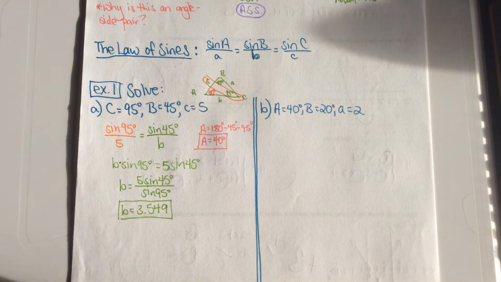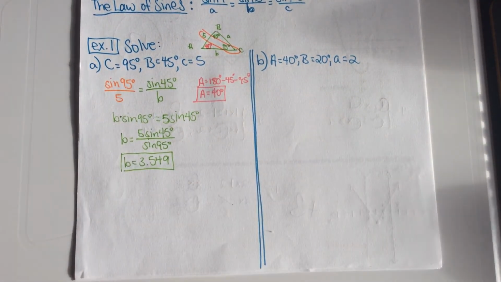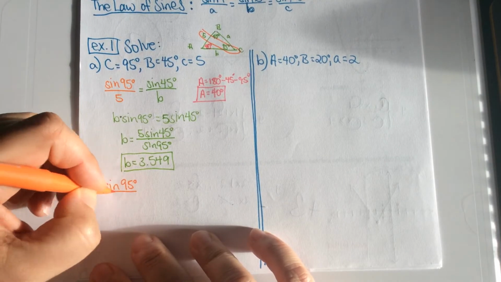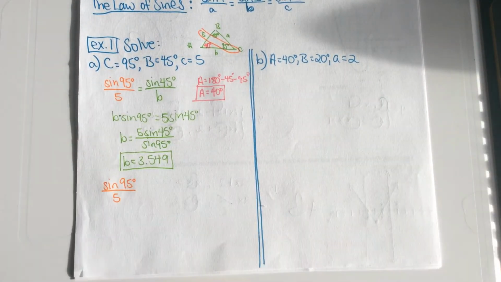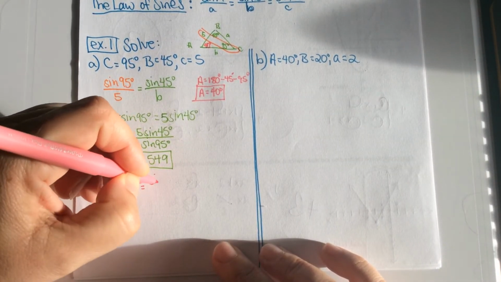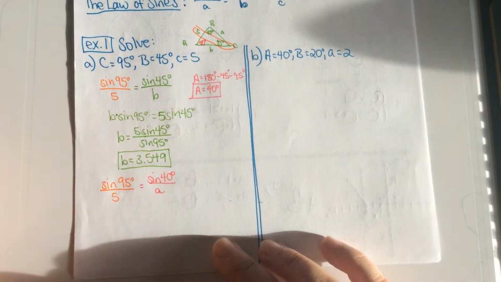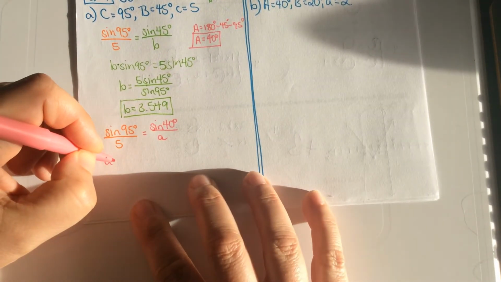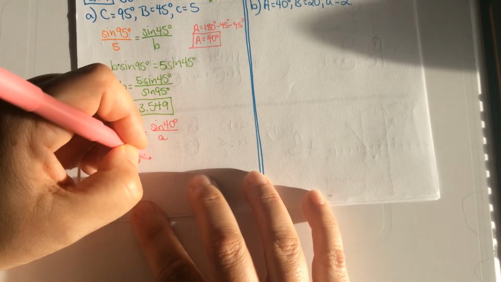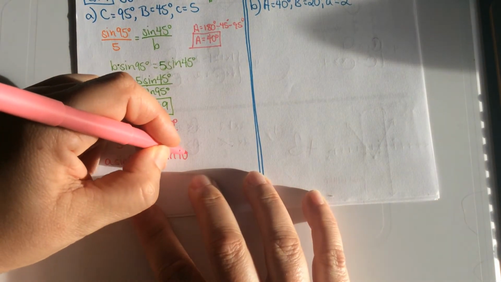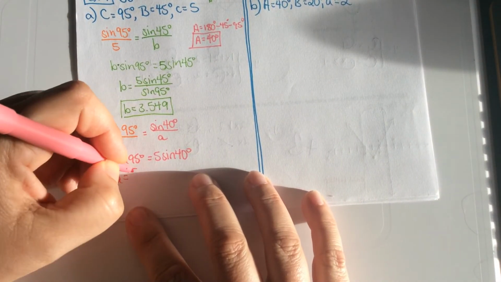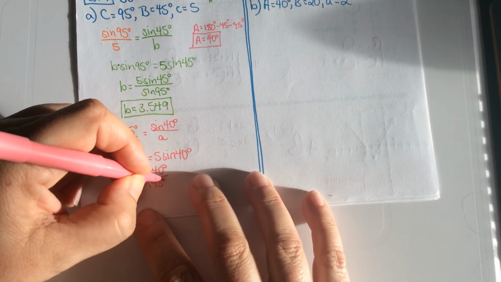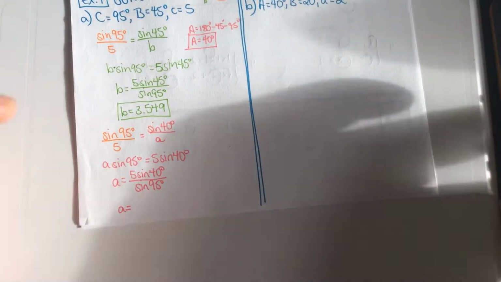And now that I have that, I can go back to my sine of 95 over 5 and set that equal to sine of 40 over side A. And then I'm just going to go through the same steps I did before. Cross multiply and divide, and plug into my calculator.